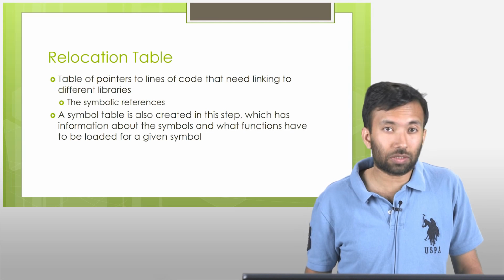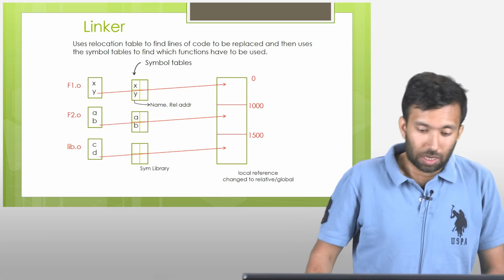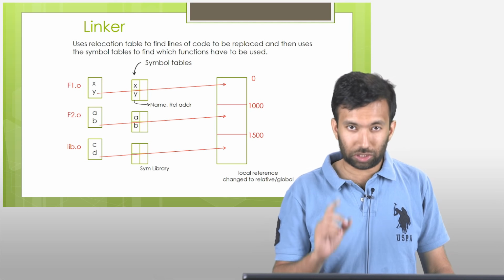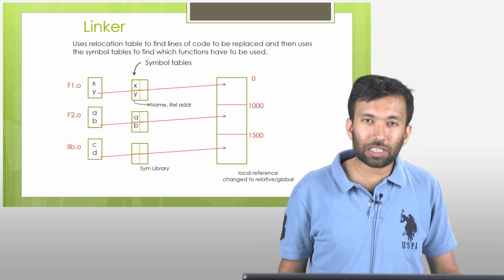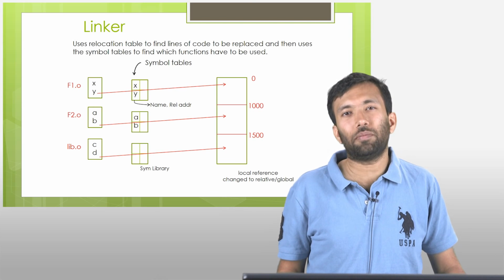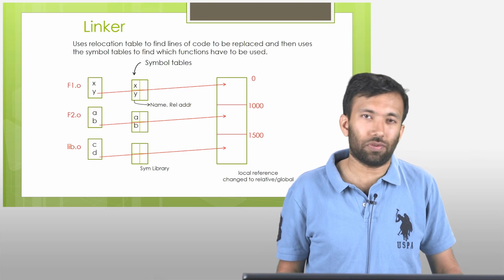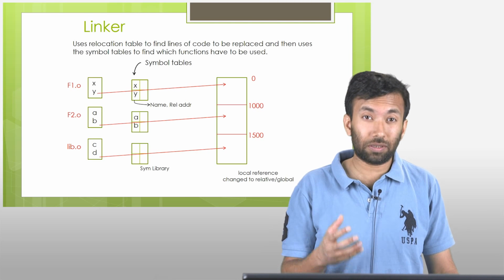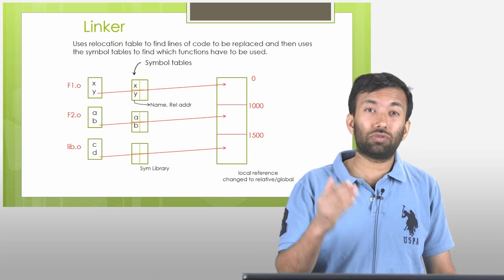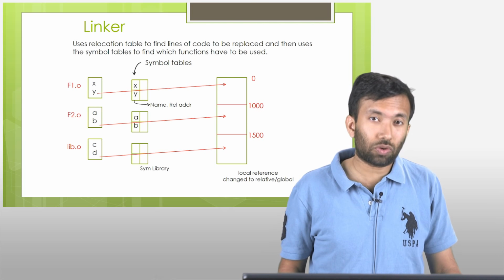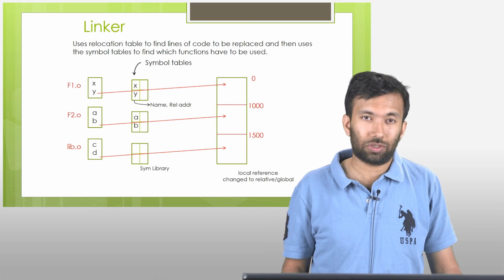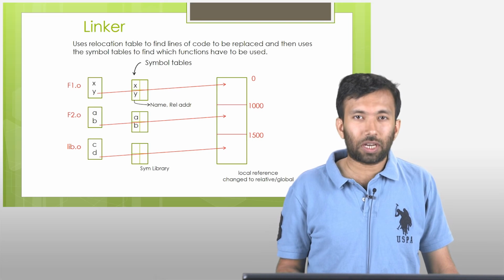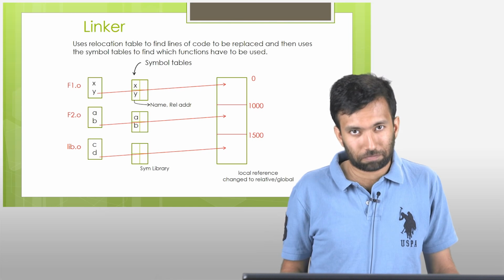So let's see how the linker works. Before even converting those tags into binaries, the linker starts giving memory addresses to the lines of code. Now at this point we haven't given actual physical memory to the program. So what memory addresses will the linker use? For every program, the linker uses memory addresses that start from 0.